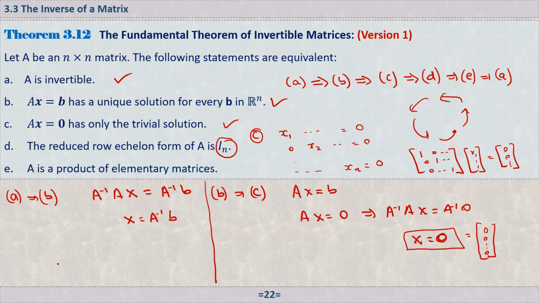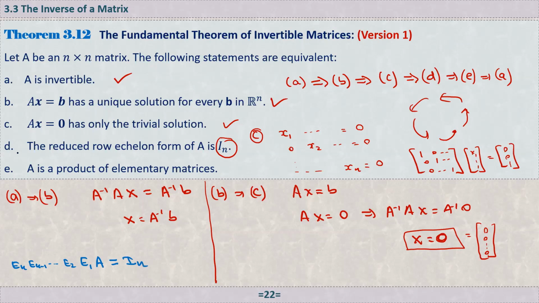Let's say here we have E sub k, dot dot, E sub 2, E sub 1, and here we have the coefficient matrix A, or augmented matrix, and on the right hand side, In.